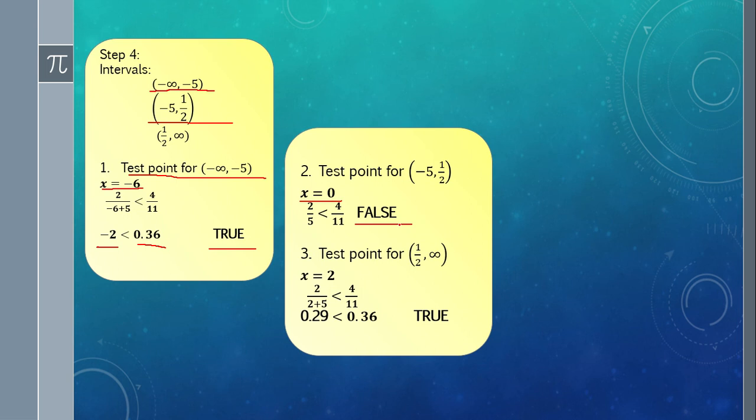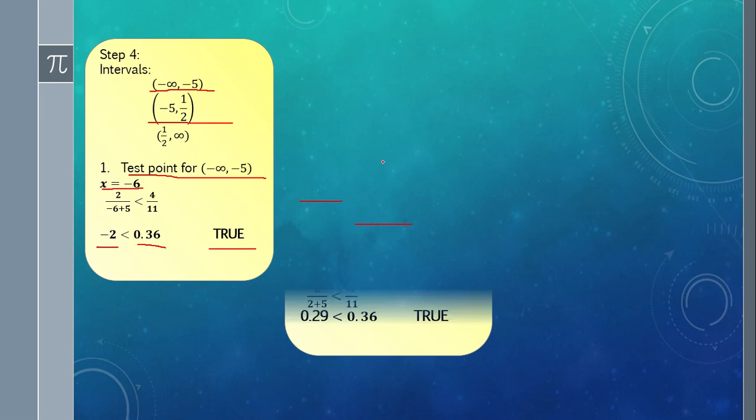Take note that 2 over 5 is equal to 0.4, and then 4 over 11 is 0.36. 0.4 is bigger than 0.36. That's why for the second test point, it is false. And when we say that is false, which means that the whole second interval, negative 5 and 1 half, does not belong to our solution.